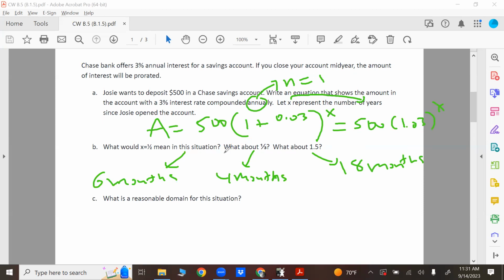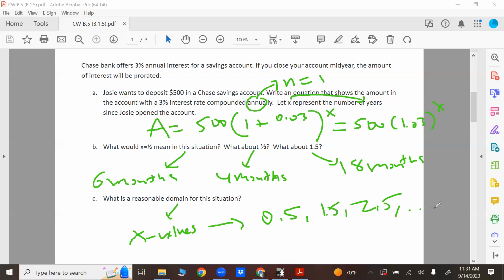What is a reasonable domain for this situation? So domain is going to be your x values. Well, it says here she closes the account mid-year. So mid-year is how many months? Or if you wait after 3 years, 3.5. So a reasonable domain will probably be like 0.5, 1.5, 2.5, and so forth, because she's always going to close the account in the middle of the year.